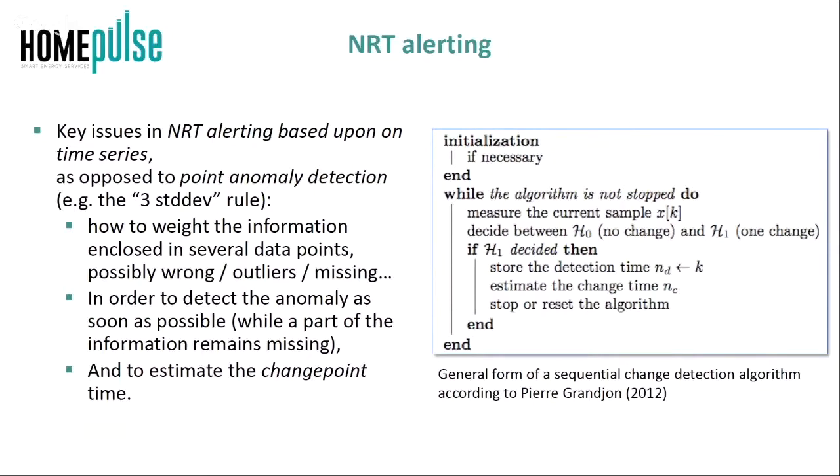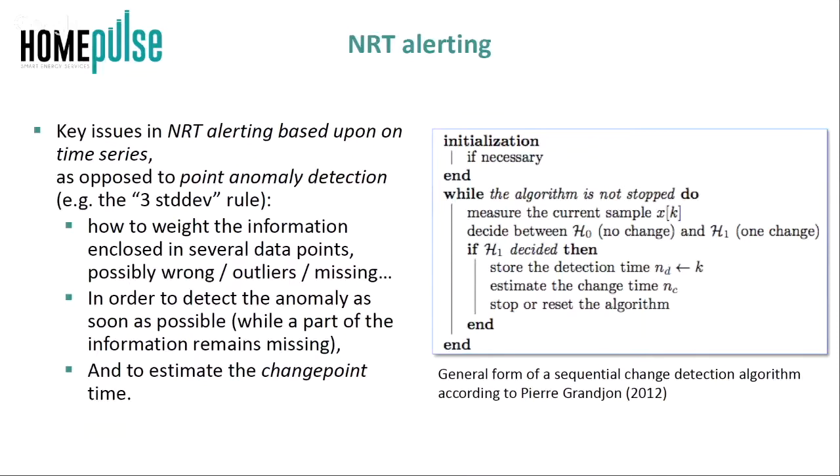Thanks. Okay, so here I will talk about the near real-time alert system that we're using. The main idea is we get in real time the consumption data points, and we consider that they are distributed following a specific probability density function, and we want to check if the PDF, the probability density function, changes.